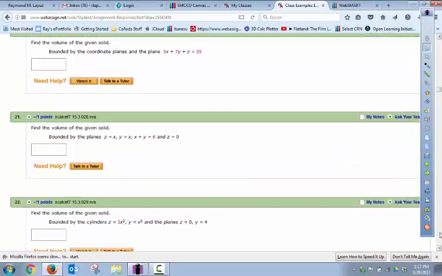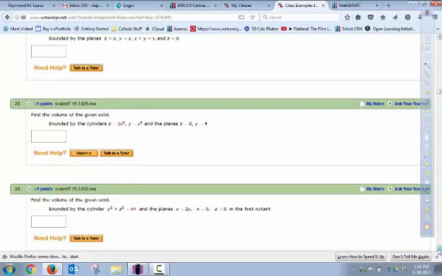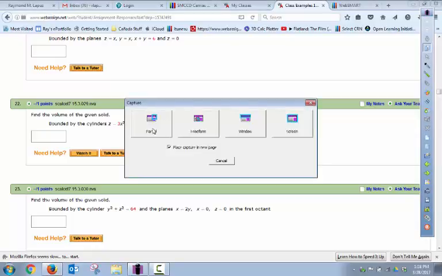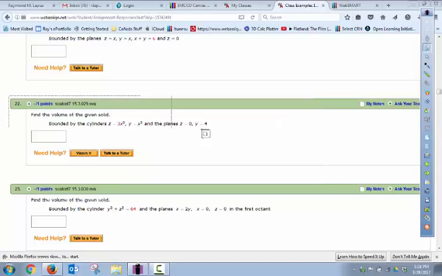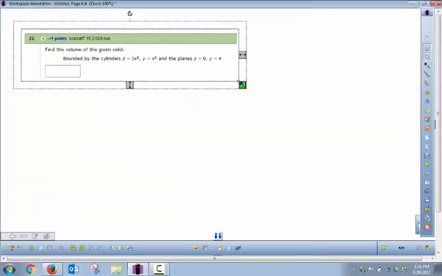Paraboloid bounded by planes. All right, let's do number 22. Let's start getting fancy here. At some point, like I said, you're going to start to need to visualize things in 3 dimensions, and a good chunk of that would be getting a good handle on the quadric surfaces.